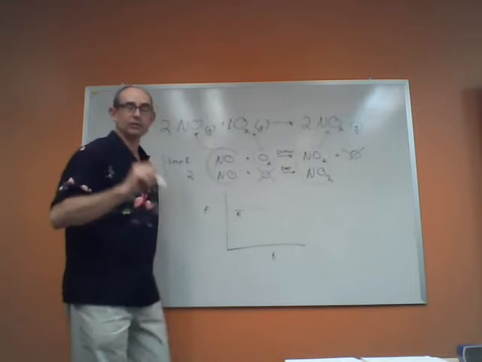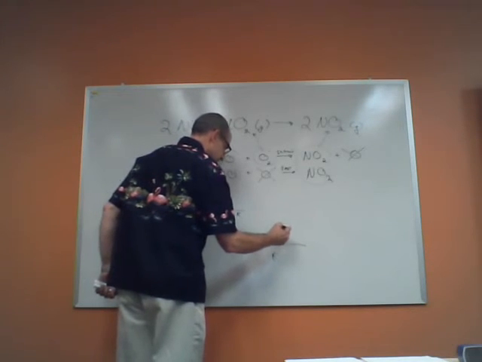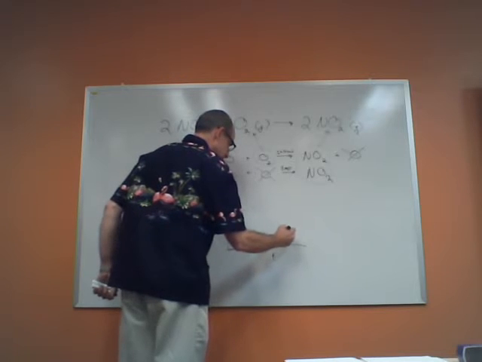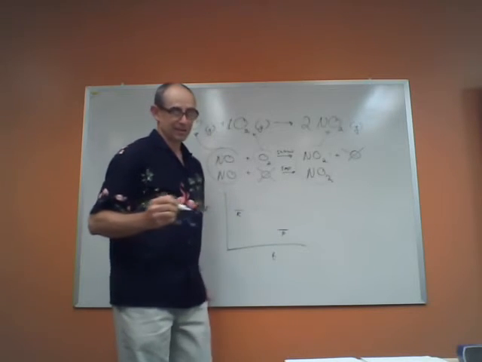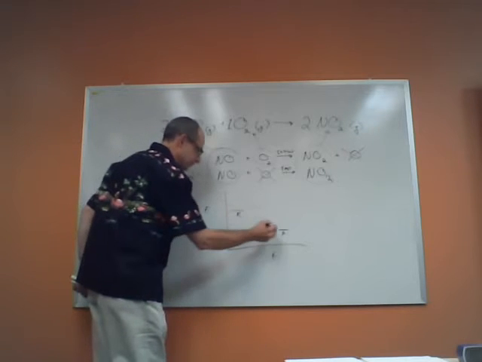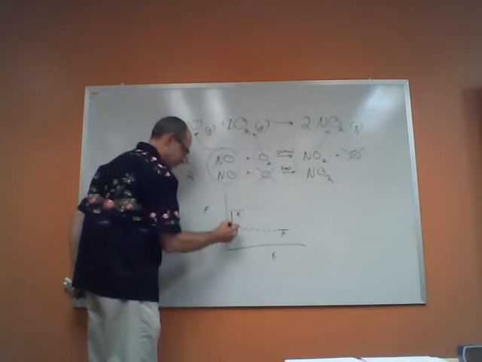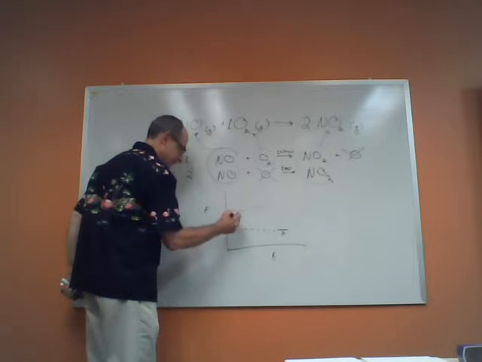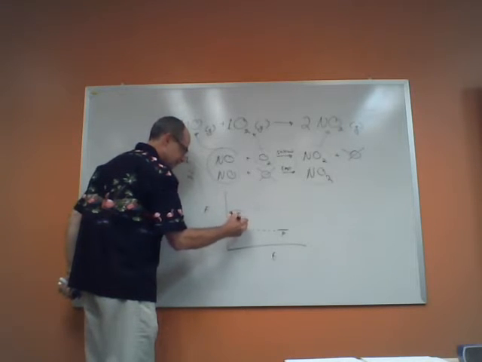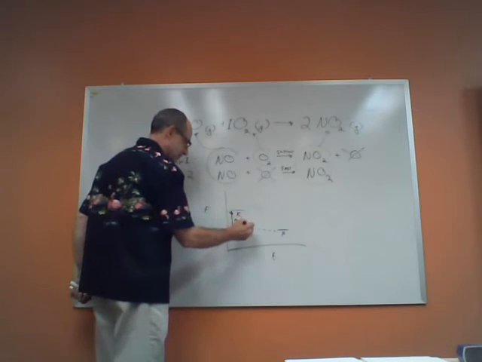Now, since you were told that this is an exothermic reaction, the products are going to be at a lower energy than the reactants, and that's going to eliminate two of the choices on your question sheet. In fact, this difference here is just going to be the delta H of the reaction. So it's an exothermic reaction and delta H is less than 0.